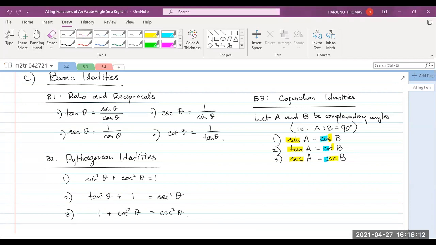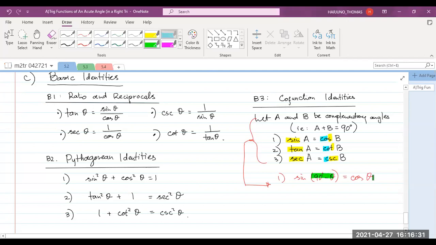Now, sometimes other textbook write it in different expression, basically saying that sine 90 degrees minus theta is equals to cosine theta. Notice that when you add these two angles, they add up to 90 degrees, right? Okay, so they are related by cofunctions.